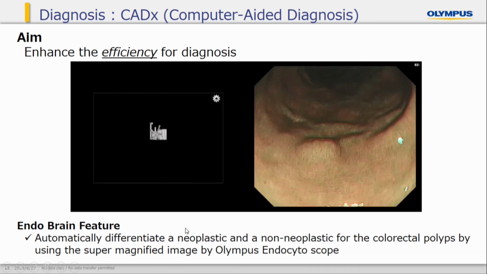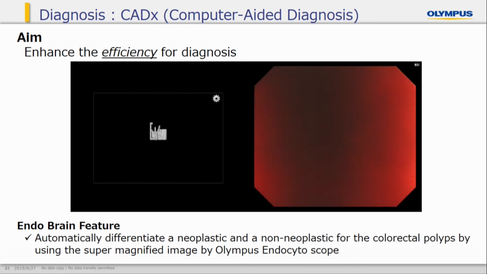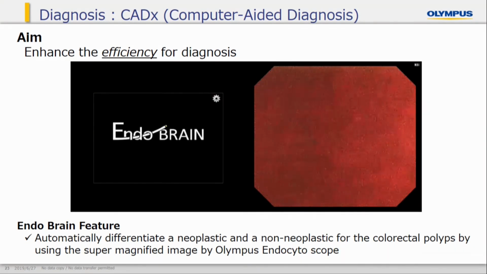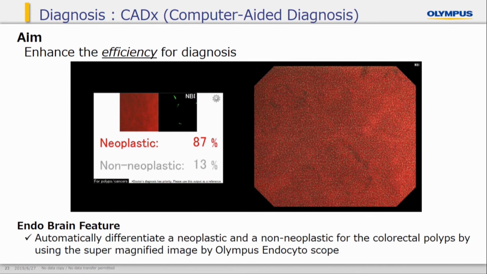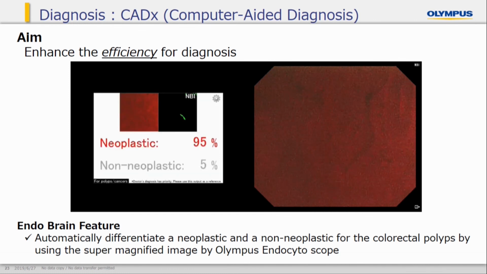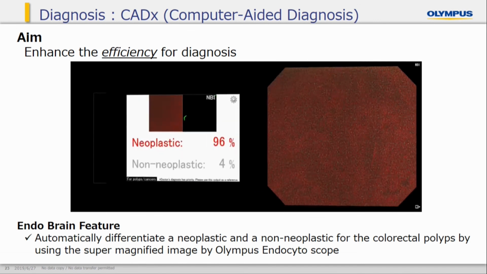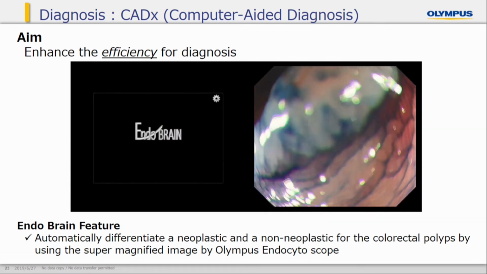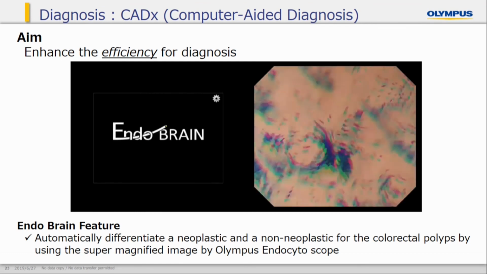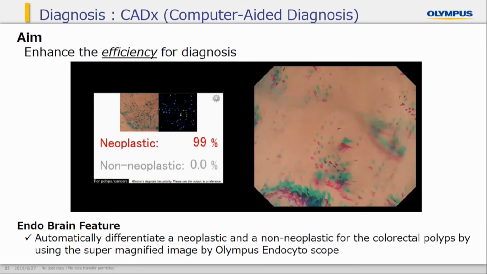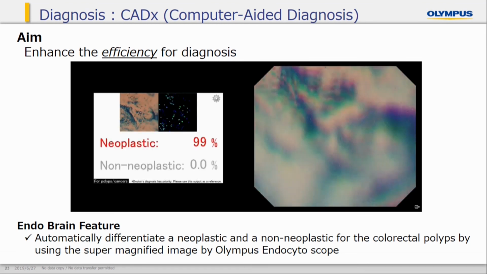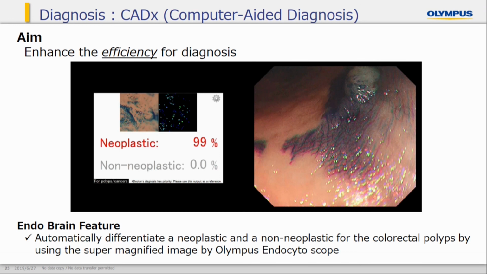This EndoBrain feature automatically differentiates neoplastic and non-neoplastic colorectal polyps by using the super magnification endoscope. This is one example of CADx. We will try to develop more diagnostic support, for characterization like JNET or pit pattern, collaborating with you endoscopists.